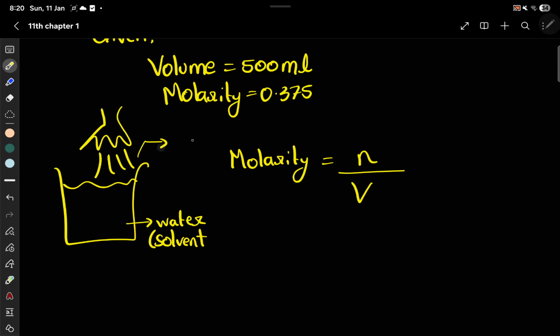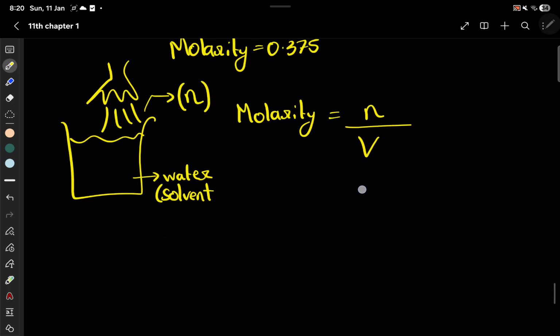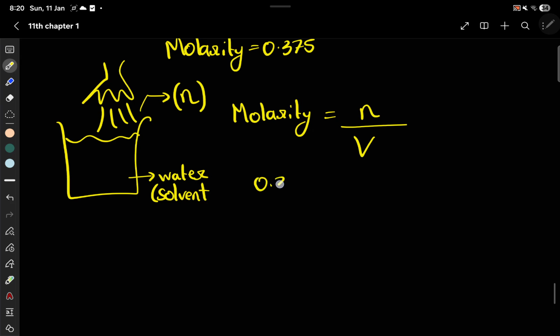So here we need to calculate the number of moles of solute that are going to get added. The molarity given in the question was 0.375, and the number of moles is the thing you have to calculate. The volume they have given us was 500 milliliter.